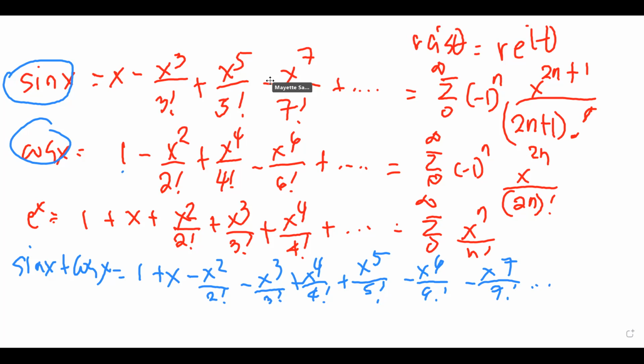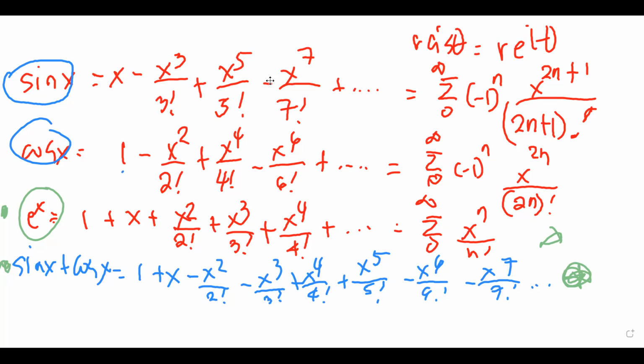Okay. Now, if we are to compare this result and the e^x expansion, there is similarity in terms, except there is a discrepancy in the signs, right? The terms are similar.